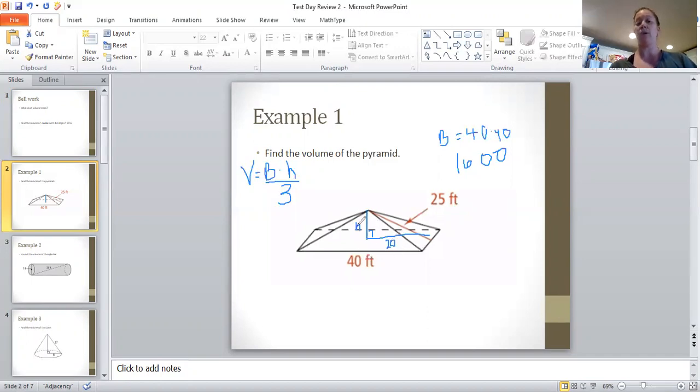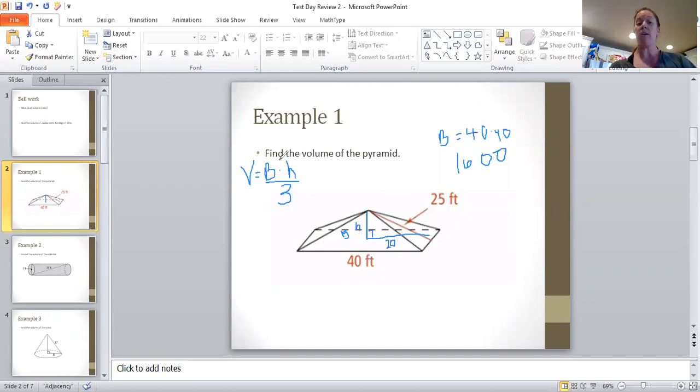Using h squared plus 20 squared equals 25 squared. Or this is going to be a multiple of the 3, 4, 5 family. So if this is 20, this is 25, our missing piece is going to be 15 because 3, 4, 5 is the multiple. When we multiply 3 by 5, we get 15. When we multiply 4 by 5, we get 20. And we multiply 5 by 5, we get 25. So now I have my height, which is 15.